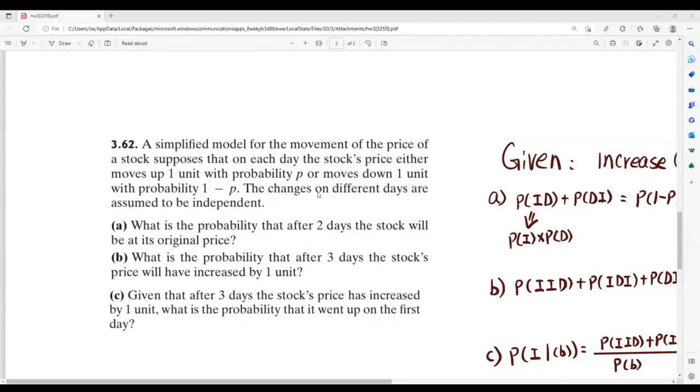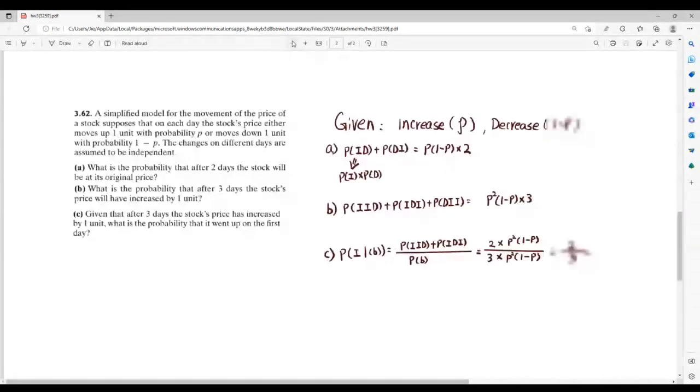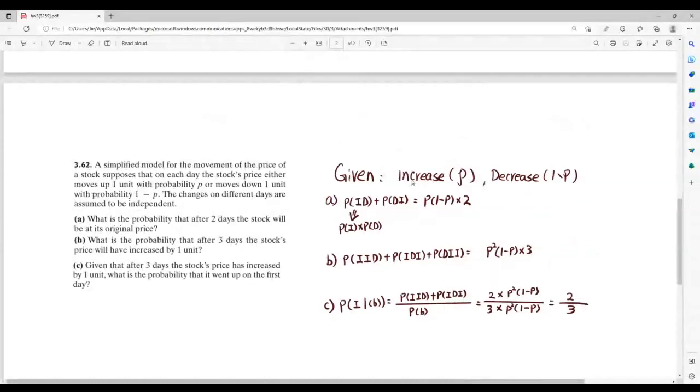The changes on different days are assumed to be independent. So for the given, we have an increase or a decrease. For the increase, we have probability of p, and decrease is 1 minus p.